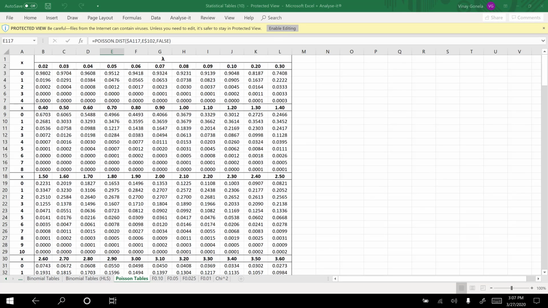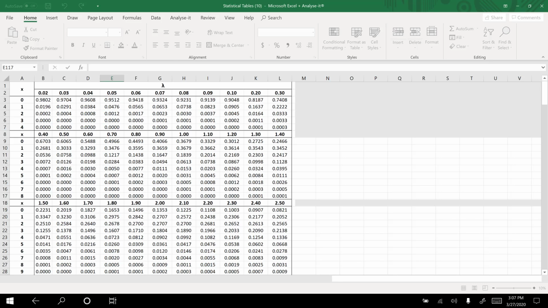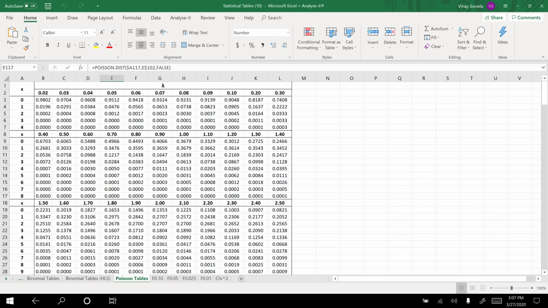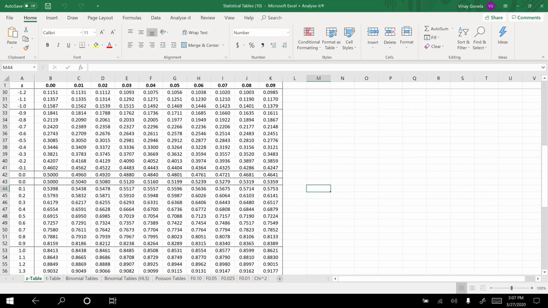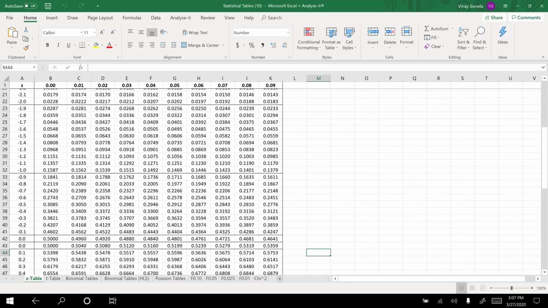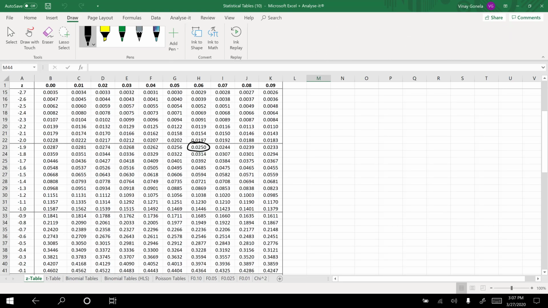Do enable editing, and then currently we are in Poisson table, so I need to go to z table and look for 0.025 probability. So I will go and look for 0.025, and this is the value, that is negative 1.96.